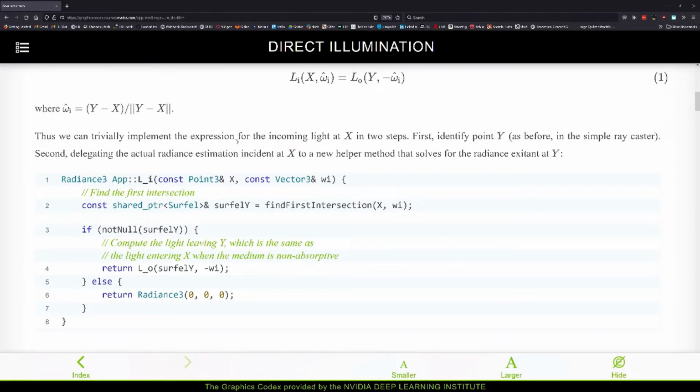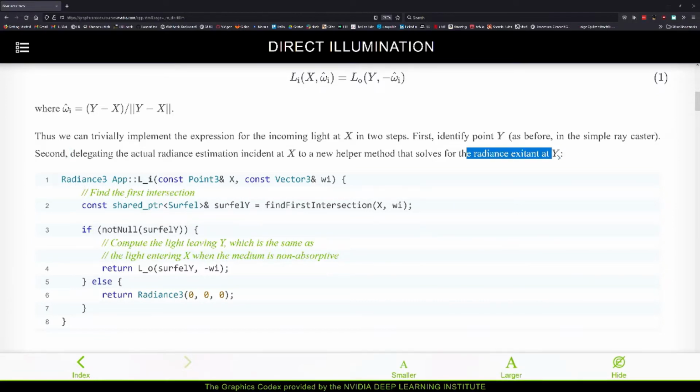So two steps, the incoming light at X. We shoot a ray out from X, we have to find point Y, and then we delegate. Delegate is an interesting word choice there.